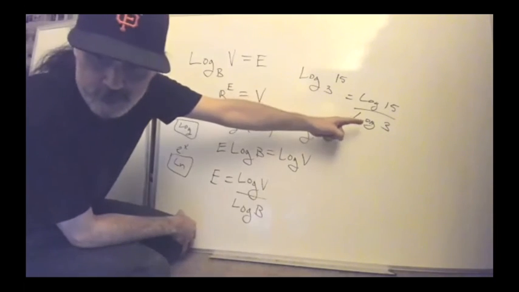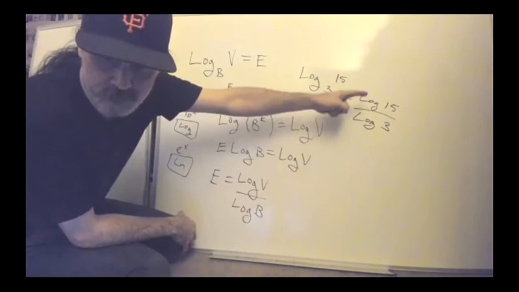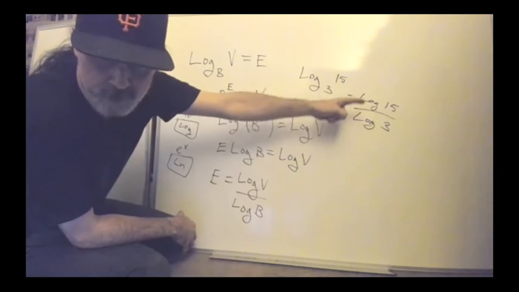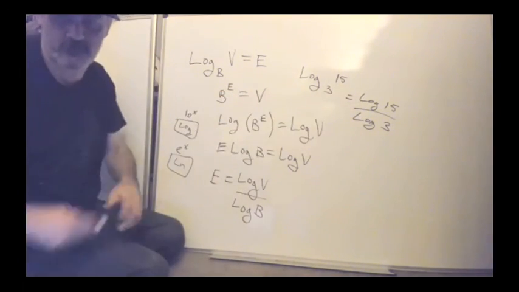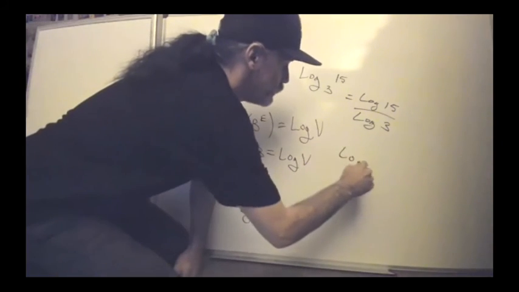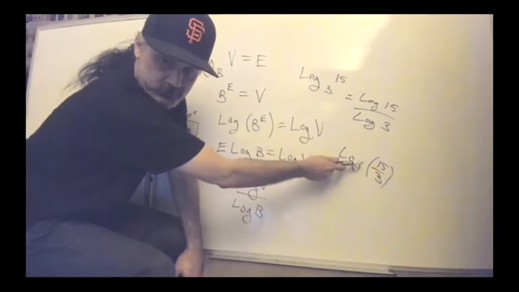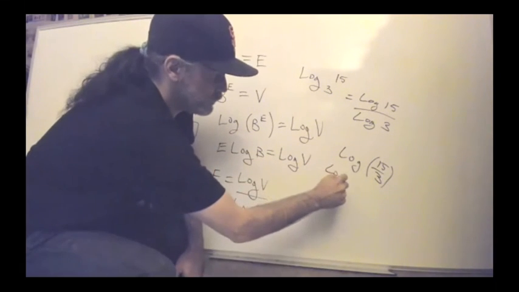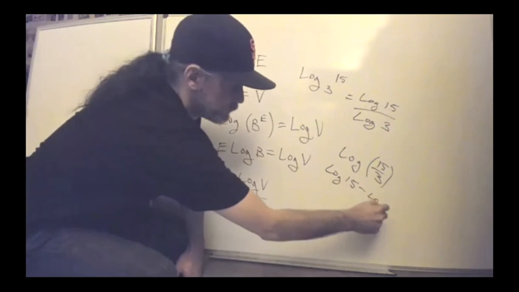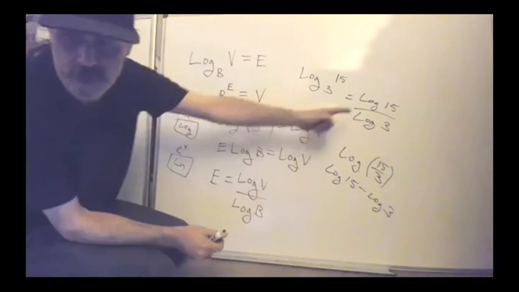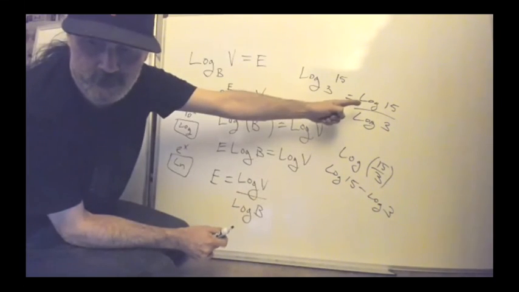Now be careful, there's no division of log properties. That's not log 5. Okay, don't get confused with the log of 15 over 3, okay, because that is log 15 minus log 3. That is not. All right, now think about it.